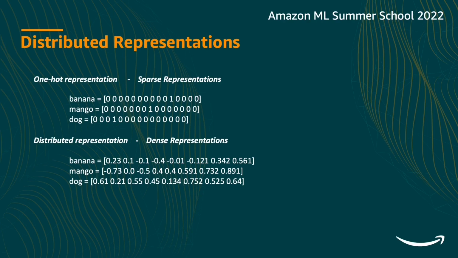And secondly, obviously, these representations can get very large if we have a very large number of words in our vocabulary. In some cases, there could be up to 1 million words present in our vocabulary, and so it will require a lot of computation if we use such a large vector.